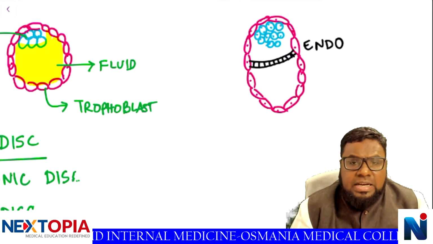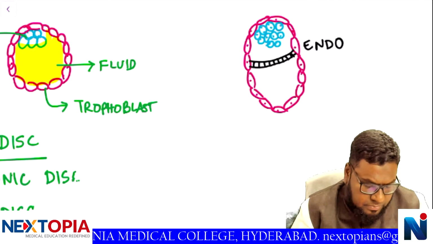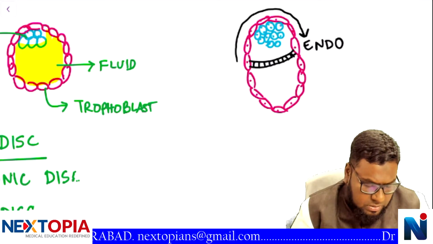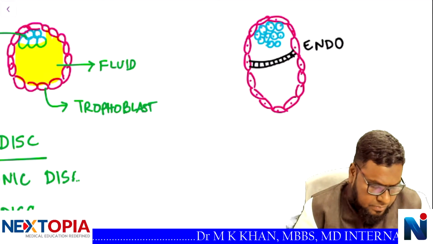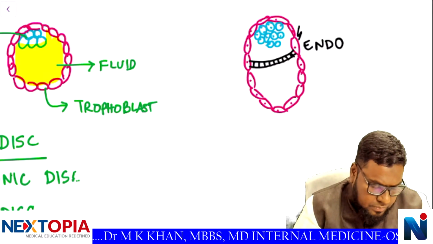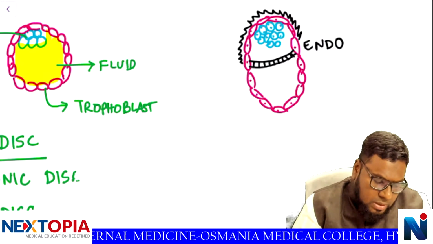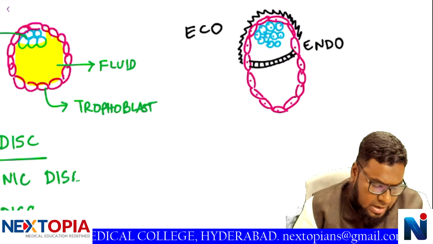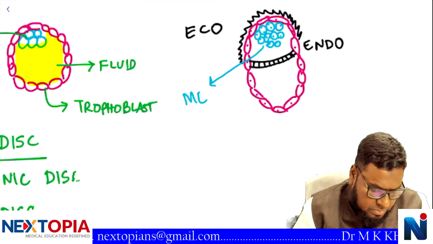The trophoblast layer which is above this area, this you are calling as ectoderm, and the middle portion you are calling as mesoderm.